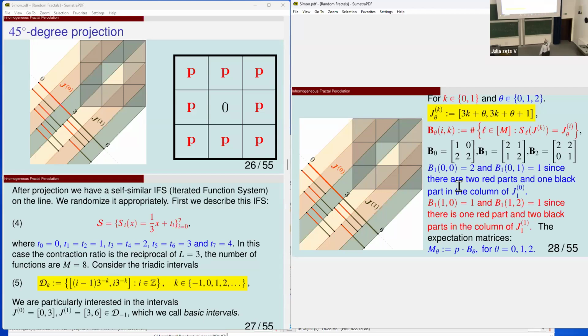So what we actually do is assign a set of matrices which will be the expectation matrices. These matrices need to be multiplied by P, and you get the expectation matrices, and everything is governed by the expectation matrices. So for example, why is it B1, 1, 0? I think this is the explanation.